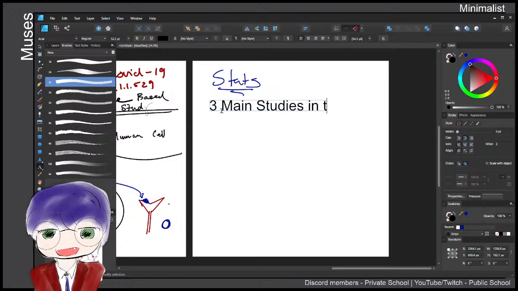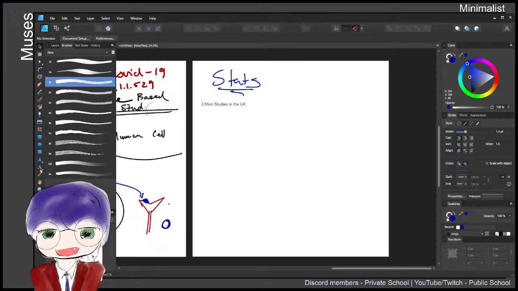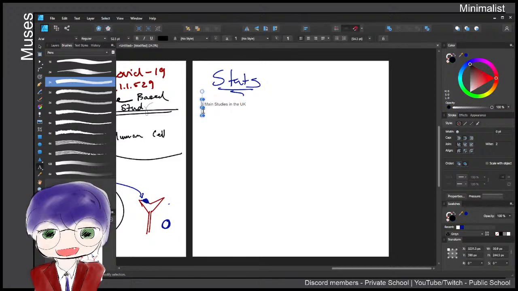Main studies in the UK. So 3 main studies in the UK. What have they shown? All good news, interestingly enough. Wow, why am I sitting at 50? Let's go to 20. Oh, 20 is really big still. Let's do 10.